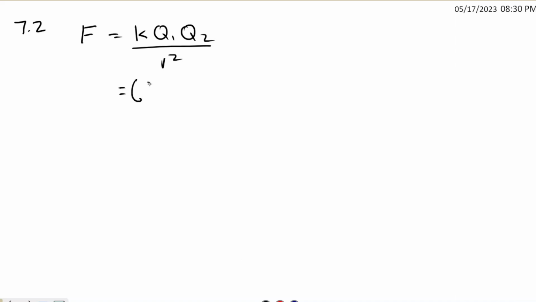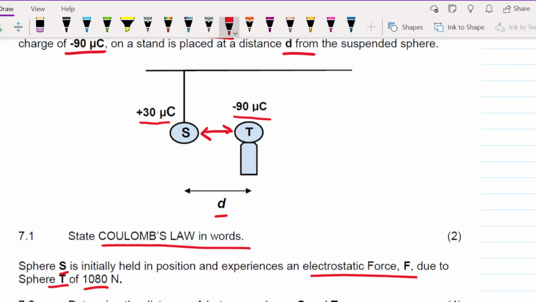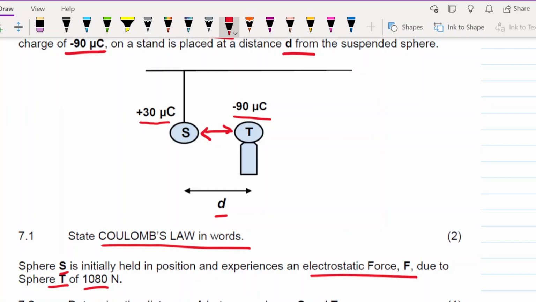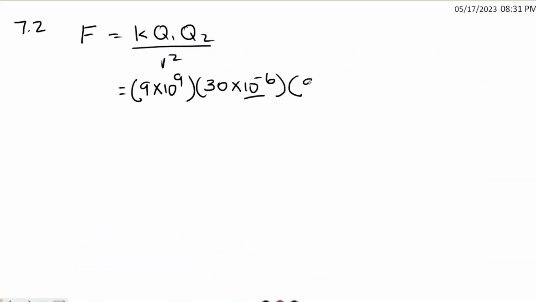Then they said Q1 is 30 microcoulombs. Micro is times 10 to the power negative 6. Then the second one, Q2, they said is negative 90 microcoulombs.